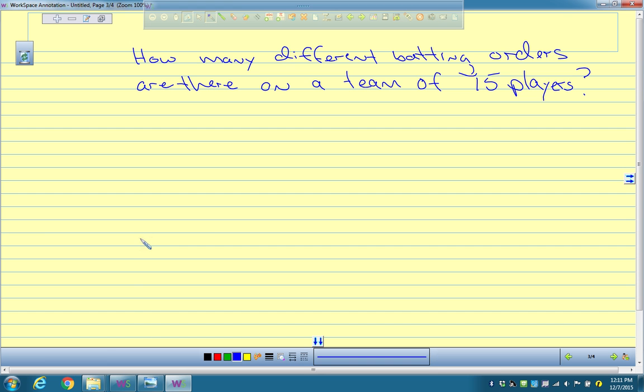So altogether, when you play baseball, there's an order, right? First guy goes first, second guy goes second. So you have 9 players: 1, 2, 3, 4, 5, 6, 7, 8, 9. If I have 15 players, how many choices do I have for this spot? 15. Then 14. Then 13. Then I go all the way until I get to whatever comes at the end.